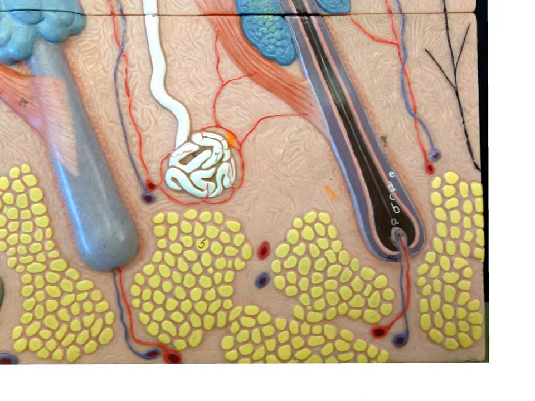And then D and E are the inner and outer root sheath. And so inner is in pink, going the whole way. Outer is in purple, also traveling the entire length of the root of the hair.